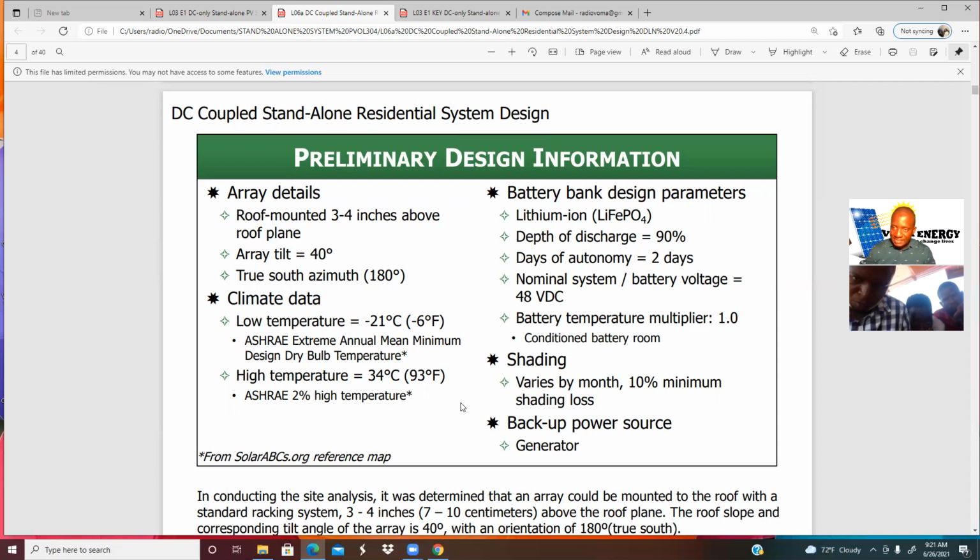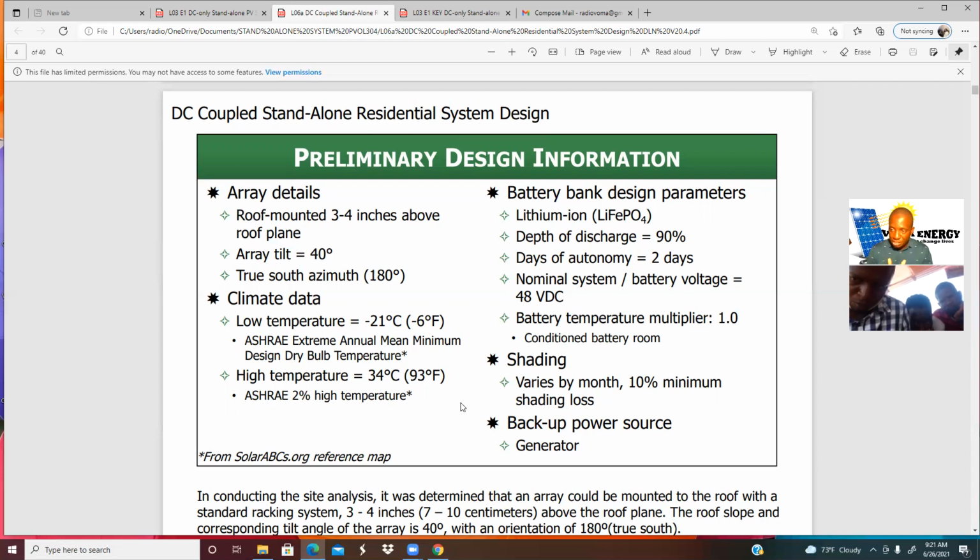The battery bank design parameters. Now they're using a lithium-ion battery. I know a lot of you have not worked with a lithium-ion battery. Lithium-ion is the only battery where you can set the depth of discharge to even 100%. What is the depth of discharge?